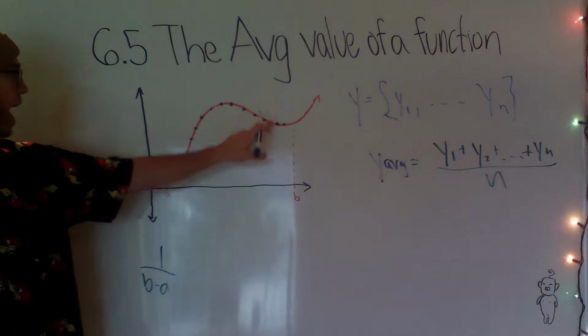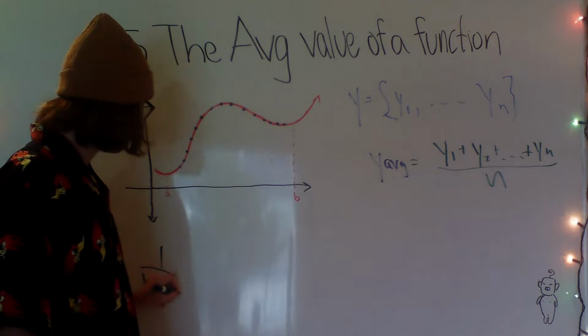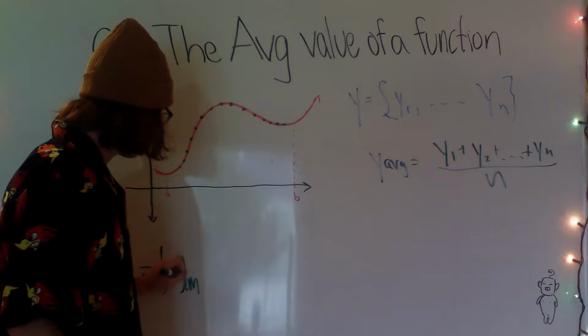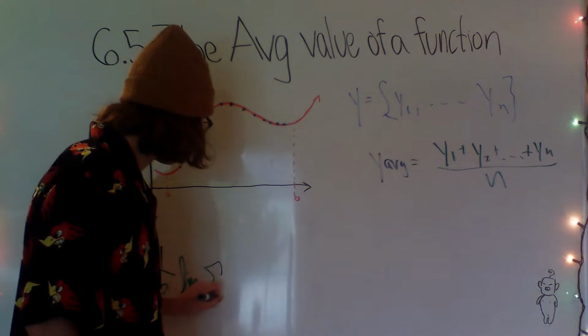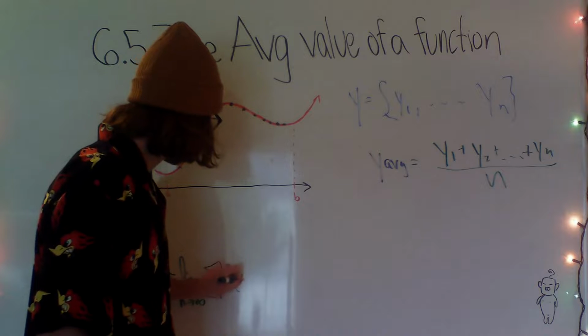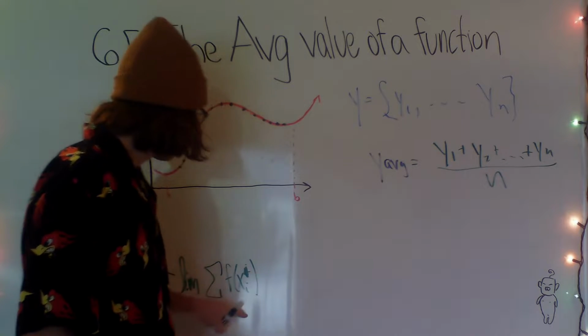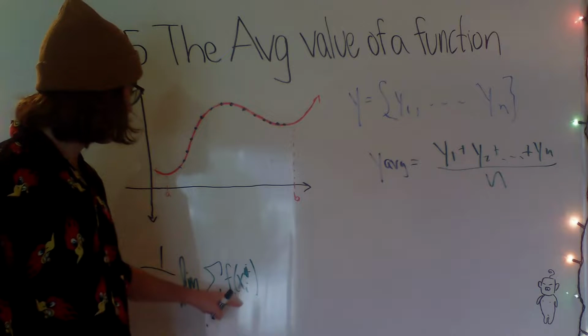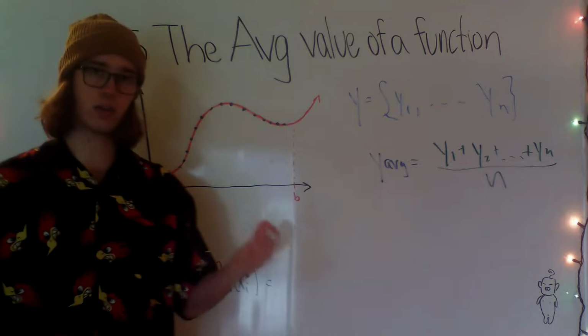And if we wanted to add up an infinite amount of points, that would be the limit as n approaches infinity of the sum of f of x star i, and then we look and we're like, wait a second, we know this. This is just the integral.